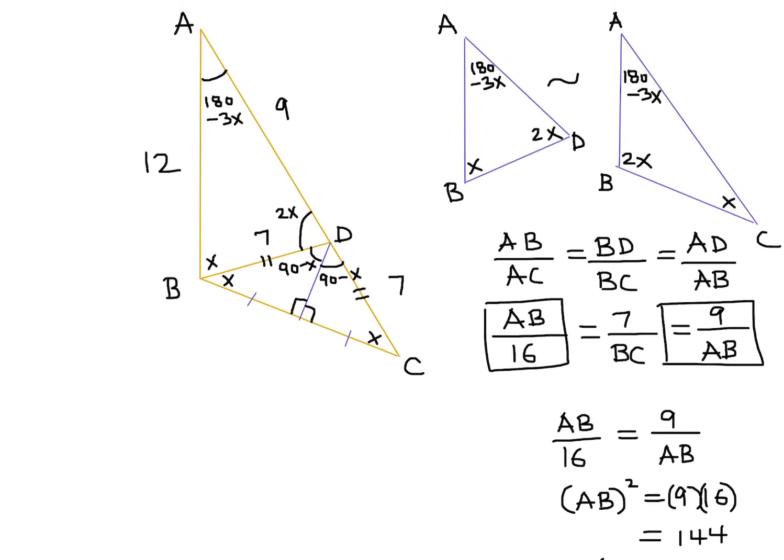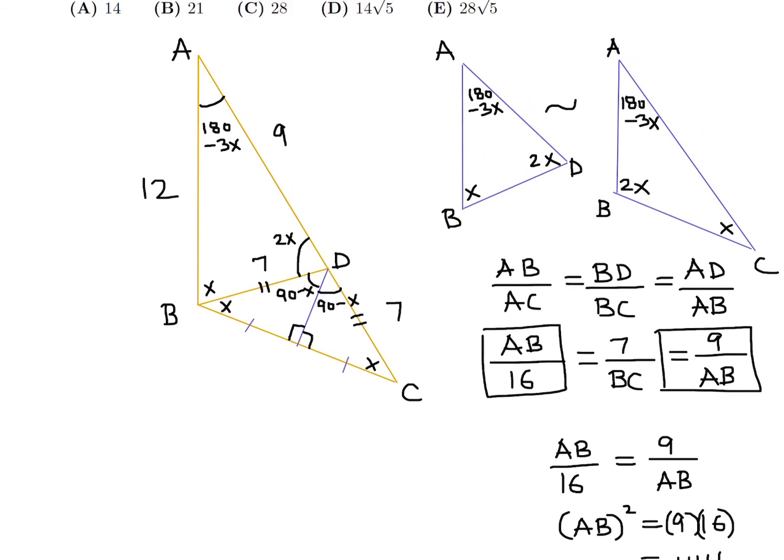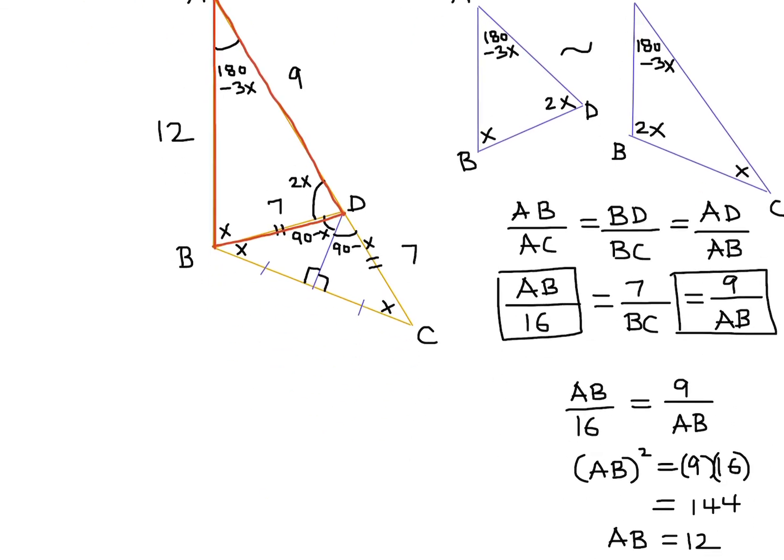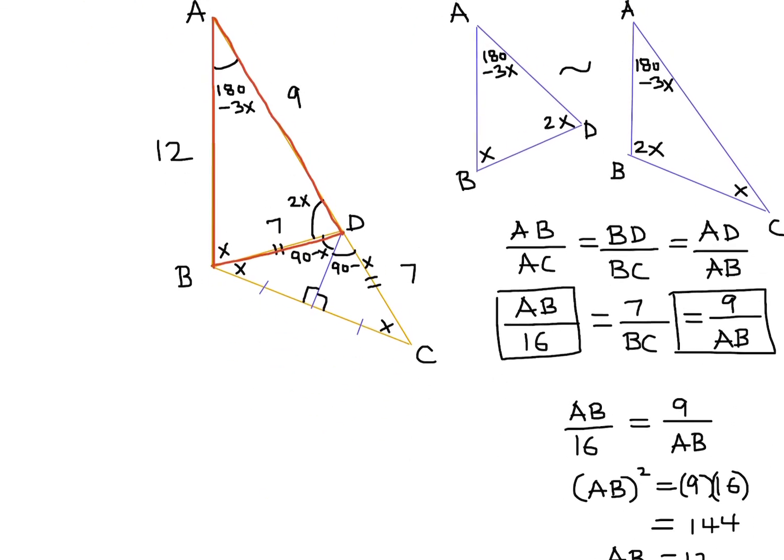And now we can calculate the area of triangle ABD. ABD, this triangle. How do we figure out the area of the triangle? We don't have a right triangle. We don't have sort of a Pythagorean relationship.